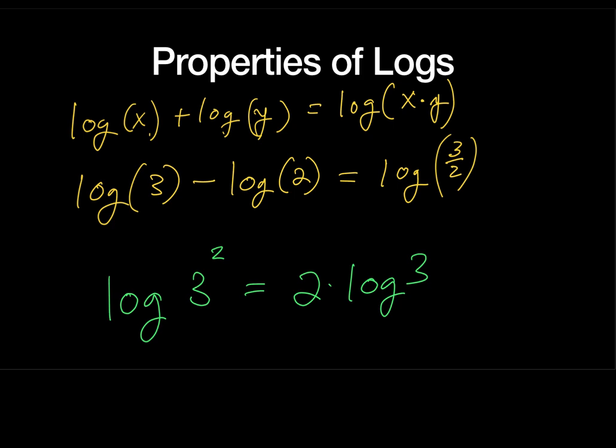And if you're wondering why that is true, the exponent actually comes out in front. It's the powers of powers. When we have same bases and powers raised to powers, we multiply. And that's what the multiplying is, times 2. So whatever the exponent is comes out in front of that particular logarithm.